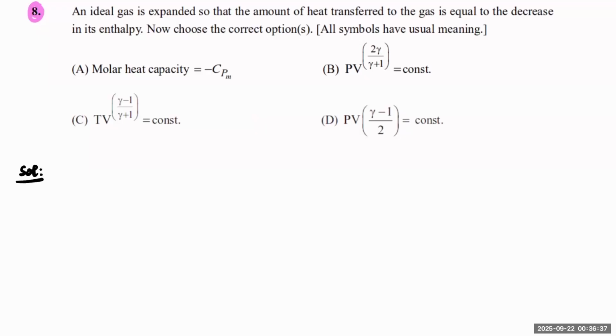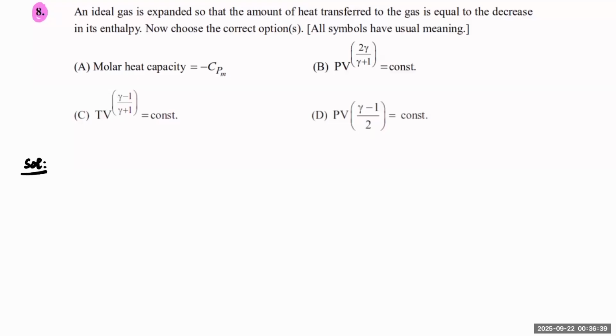First one, we start with the first one. What does it suggest? As for the first one, it is clearly mentioned that heat given at constant pressure will be equal to delta H, isn't it?